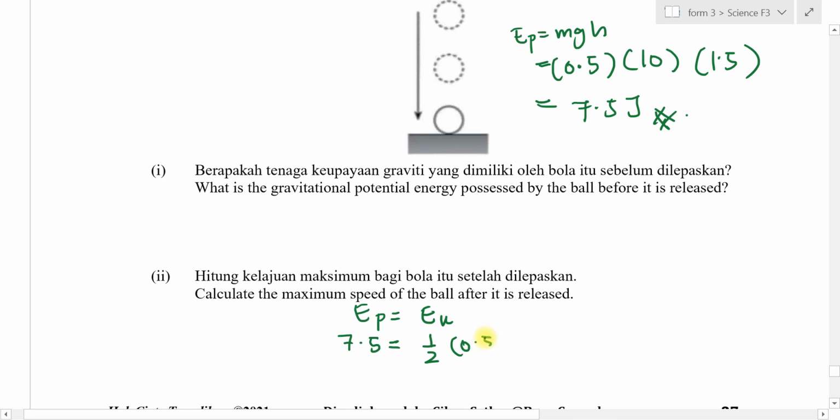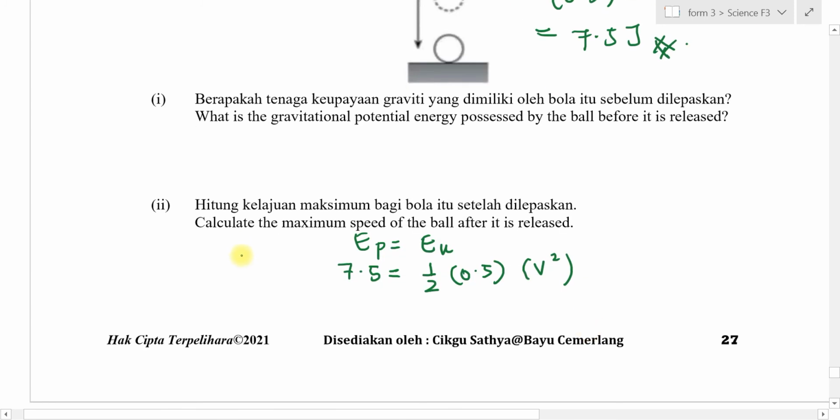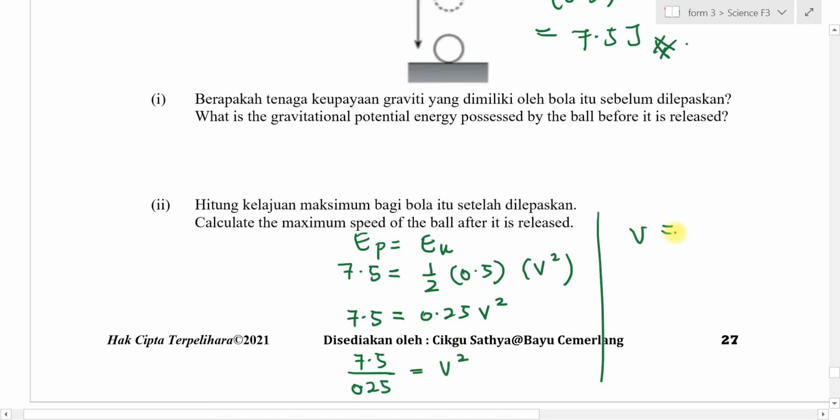Half, mass is 0.5. Now the v square is what they are asking, the v. So 7.5 is equal to 0.25 v square. So 7.5 divided by 0.25 is equal to v square. So v is equal to the square root. Use your calculator or your traditional method.